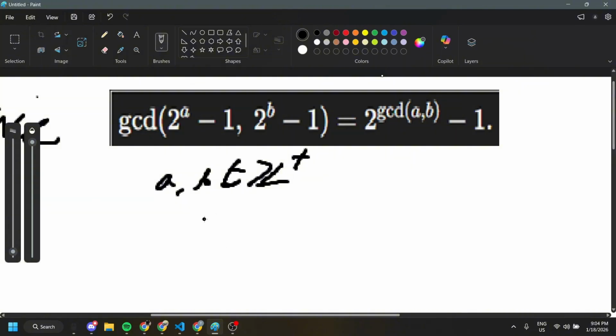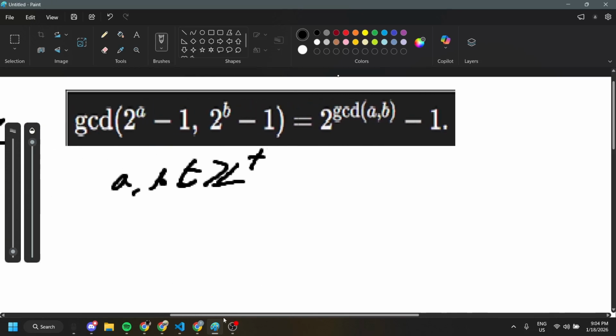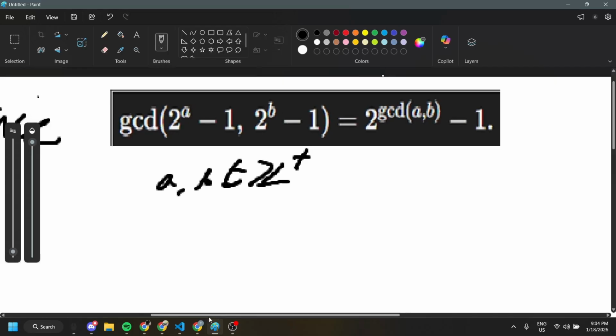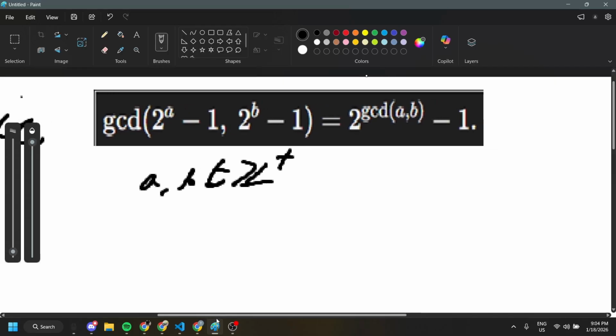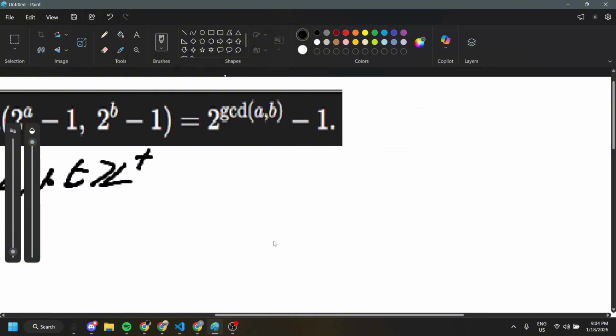So, let's look at some examples of 2 to an integer minus 1. Just for reference, greatest common divisor gives the product of every factor that the two numbers share.